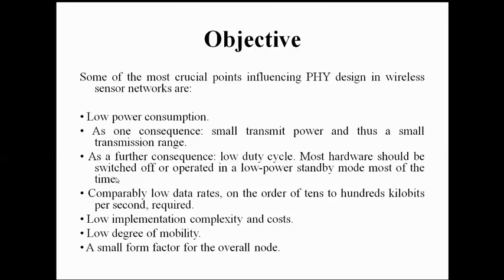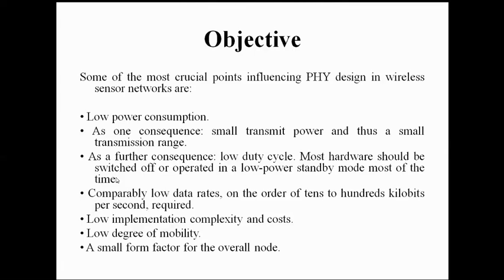When we design the physical layer for wireless sensor network, we are going to consider the following things. It must consume low power, it must have small transmit power and small transmission range, and it must have low duty cycle. Most of the hardware must be switched off or operated in a low power standby mode most of the time, and it must have comparably low data rates, in the range of tens to hundreds of kilobits per second.